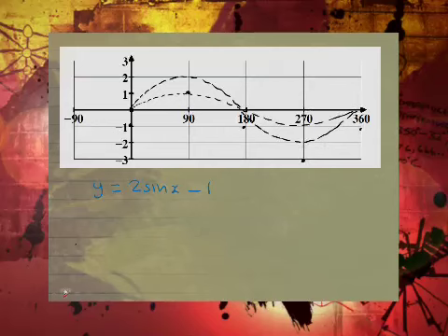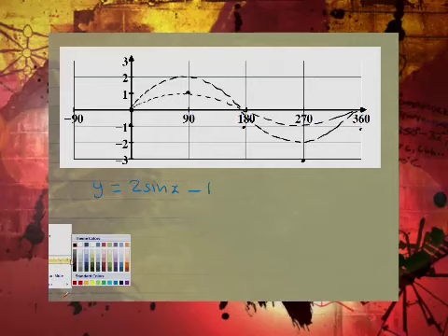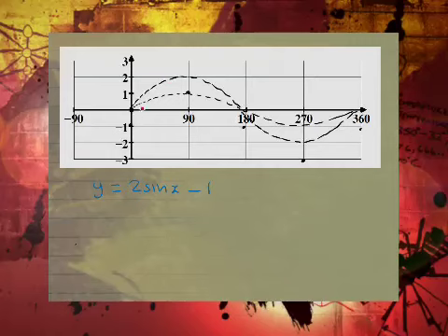Okay, so now look at this. If I do it in a different color, you can see what's going to happen here. So in other words, this is 2 sine x, so it's this graph, drop 1, so it's there. And then we draw it from there. This drops 1, so it goes there to there, comes down to there, comes down to there, and up to there.